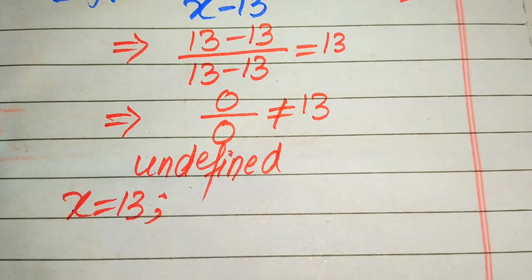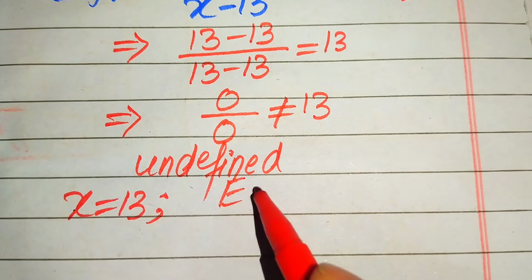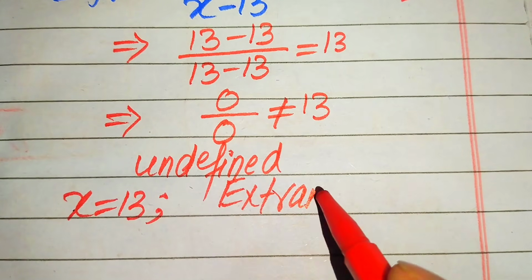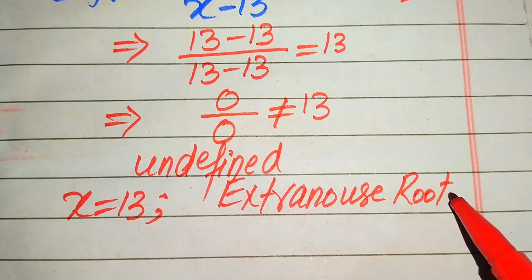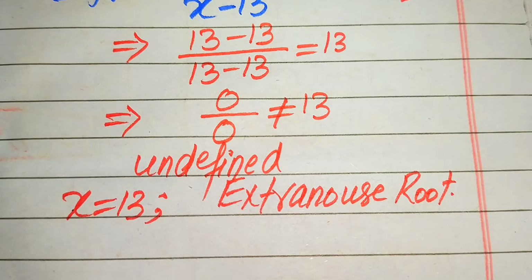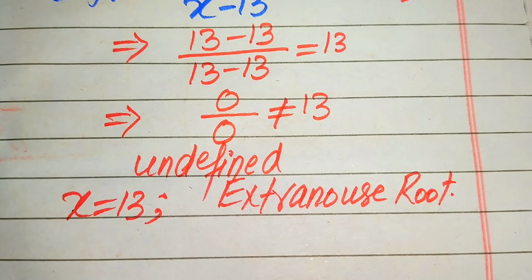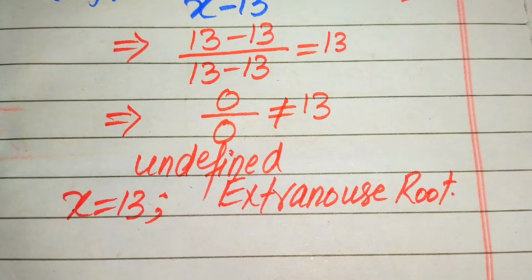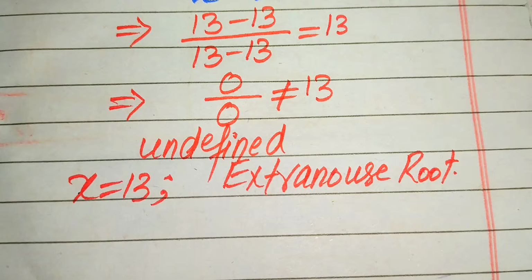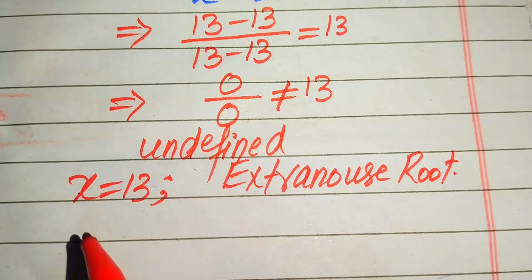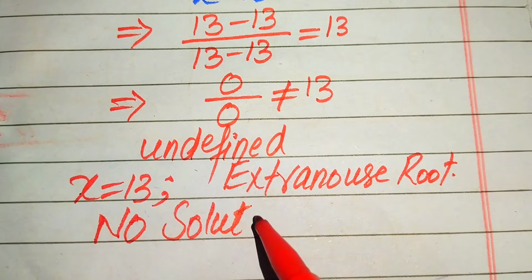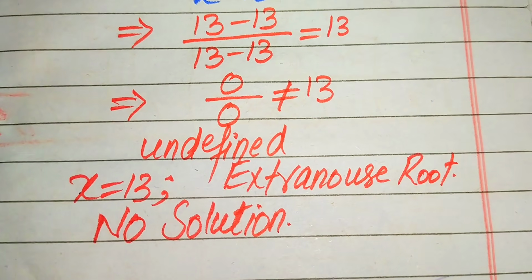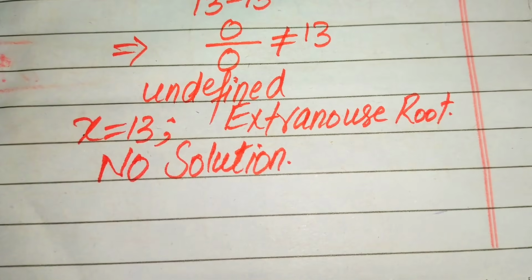So we call x is equal to 13 the extraneous root of the given equation. This is the extraneous root because it does not satisfy our given question statement. Also you see here we cannot get any other value of x which satisfies our given question statement. This means that our given question has no solution in general. So this is our final answer from the first method.